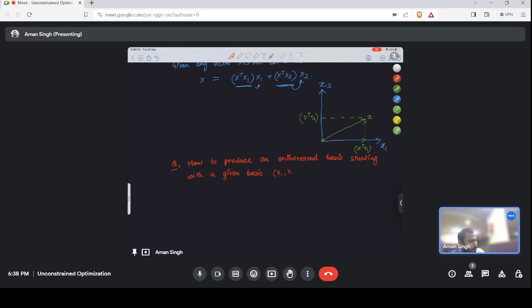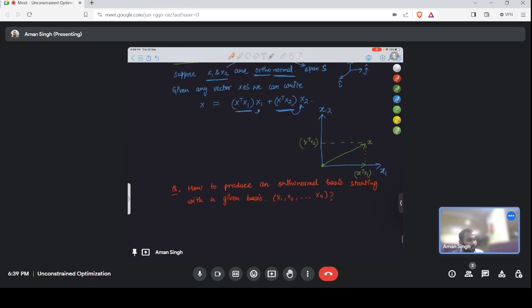Let's say in Rn you have been given n linearly independent vectors x1 to xn, and they form the basis of the set Rn. How can you convert them into an orthonormal basis? Why do we want to convert?